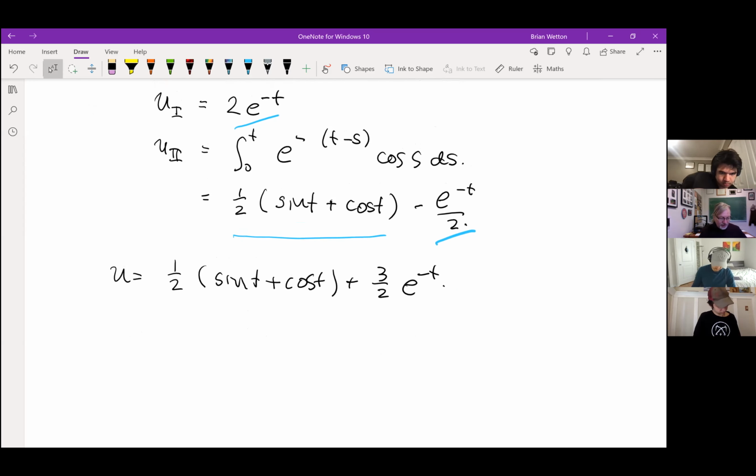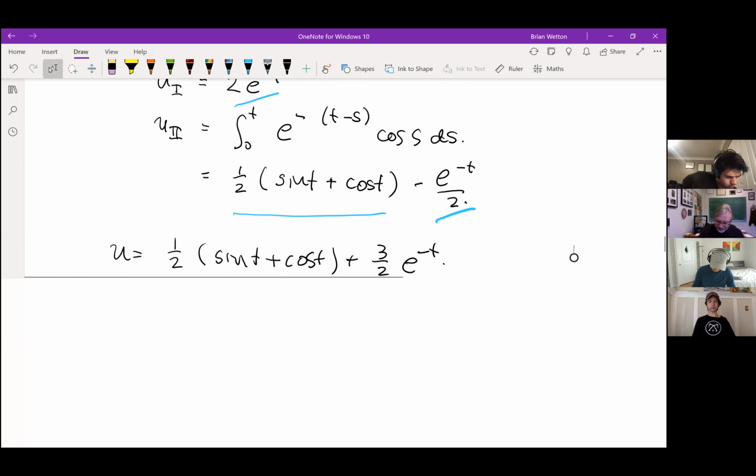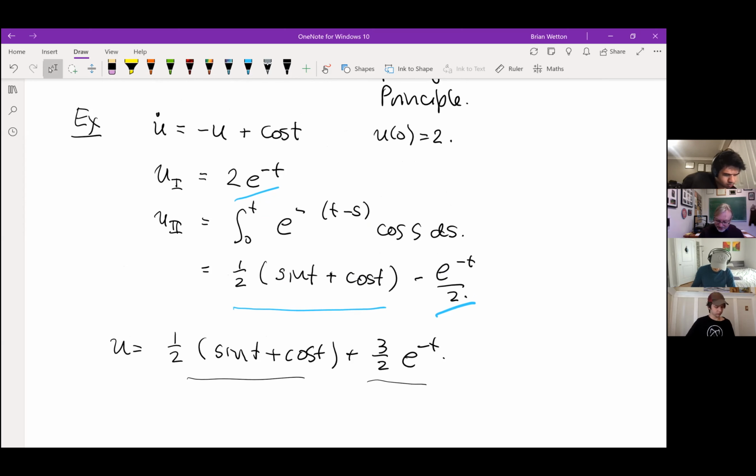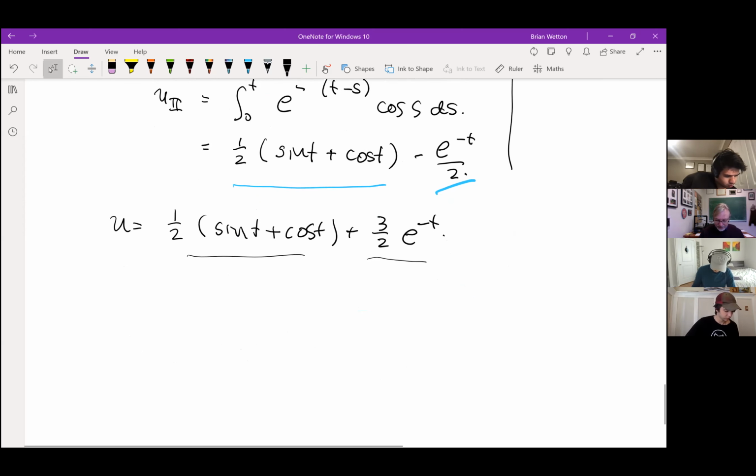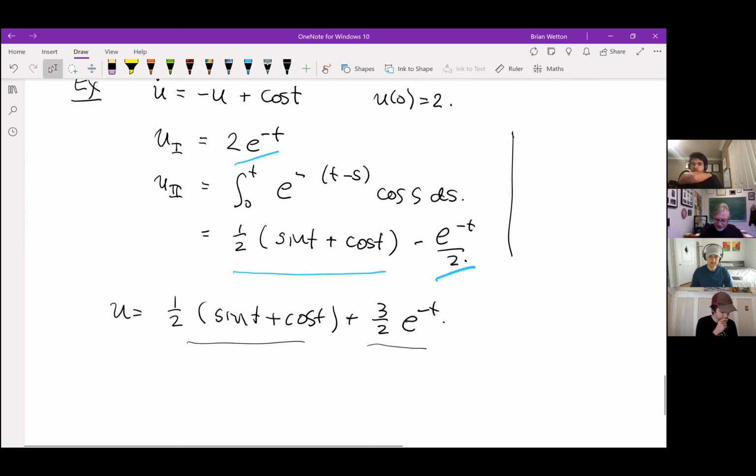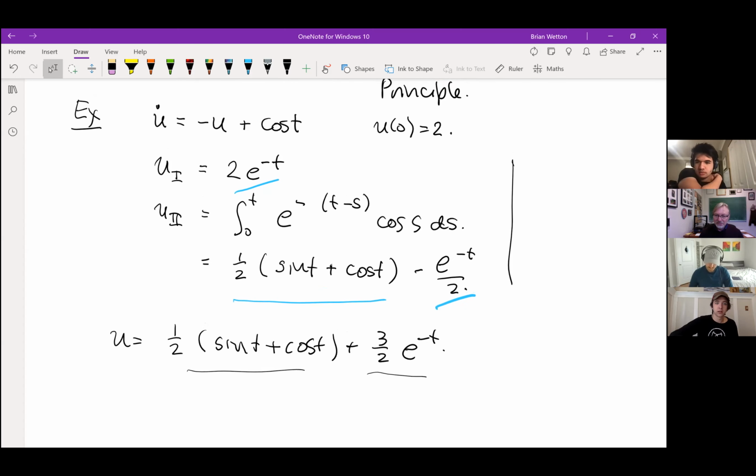So there's two parts: the particular solution and the homogeneous solution, which is divided up slightly differently in the process that we use to get it. But this should be familiar. Let's talk about this a little bit more. This is a solution that has damping. Without forcing, that's only the initial conditions, the solutions decay exponentially.